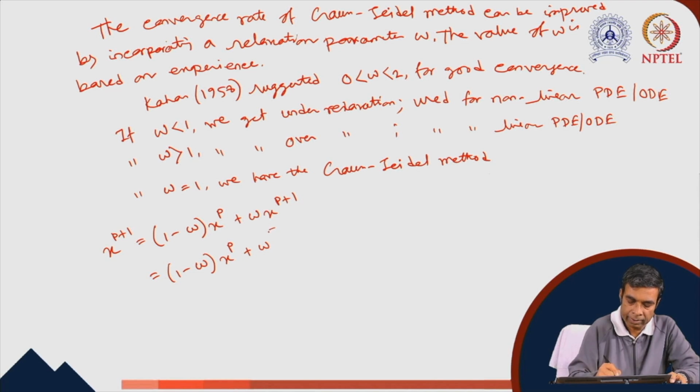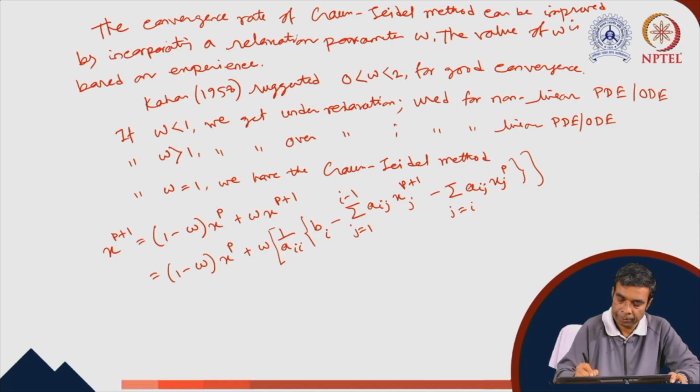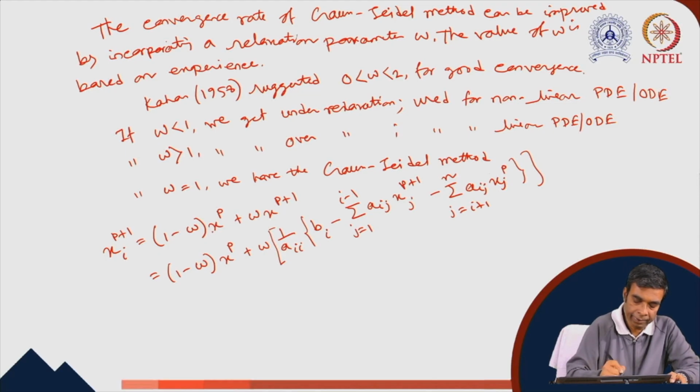We already got it as 1 by aii into bi minus summation of aij xj at p plus 1th level minus summation aij xj at the pth level, where j is varying from 1 to i minus 1, and here j is varying from i plus 1 to n.